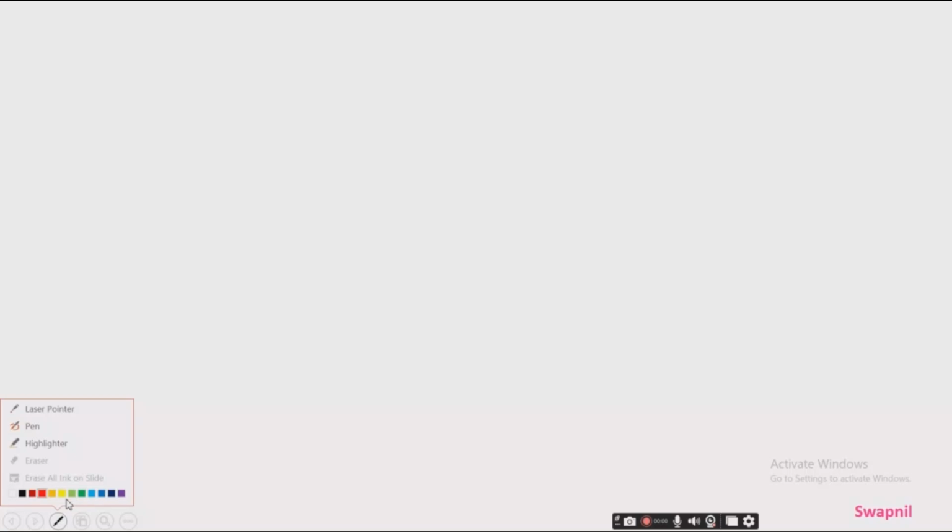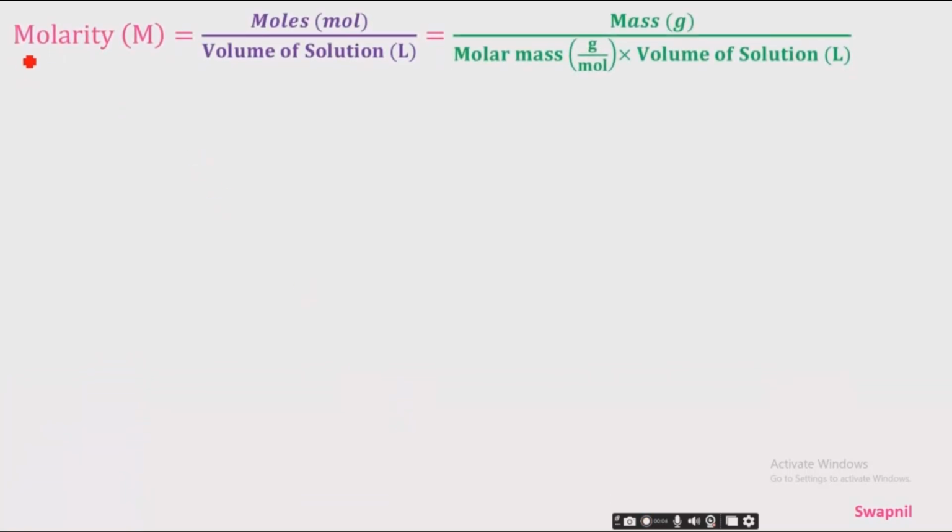We can also calculate this amount by using the formula of molarity. We know that molarity M is equal to moles divided by volume of solution in liter. Number of moles is calculated by mass divided by molar mass. So the molarity M is equal to mass divided by molar mass into volume of solution.